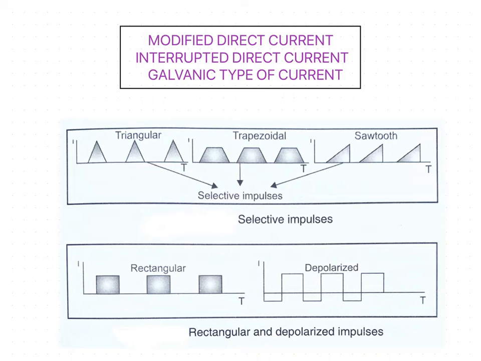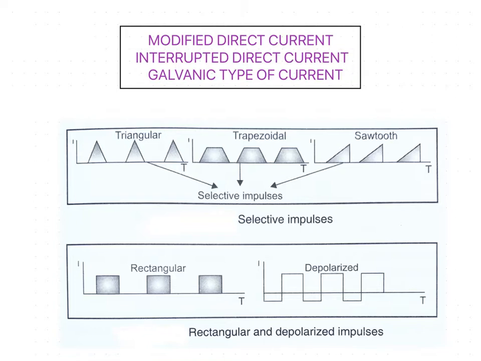Dear students, welcome back. In this session, we are going to discuss modified direct current, which is also called interrupted direct current, and also called galvanic type of current.